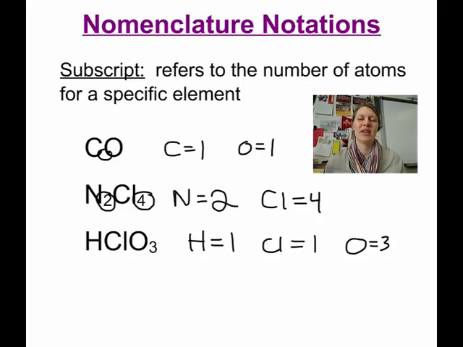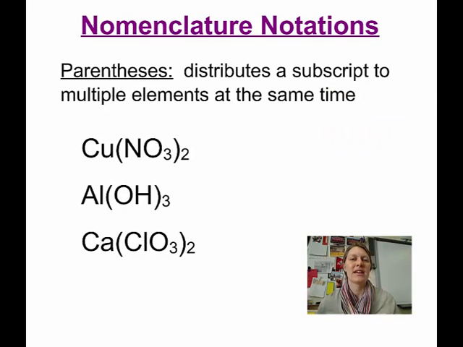The other notation that we have is parentheses, and the parentheses is similar to the distributive property in math class. The parentheses is going to distribute the subscript to everything that is in the parentheses. For example, here we have a subscript 3 that's inside the parentheses, so that subscript only applies to the element that it follows.